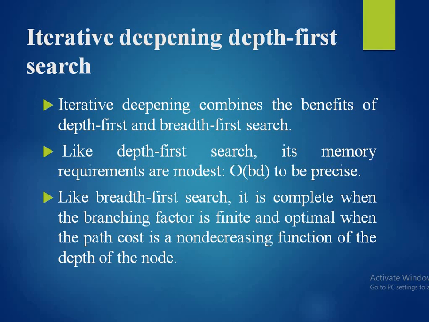Like depth first search, its memory requirements are modest, that is O of b d to be precise. Like breadth first search, it is complete when the branching factor is finite, and optimal when the path cost is a non-decreasing function of the depth of the node.